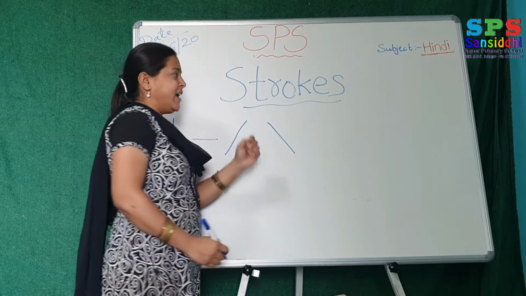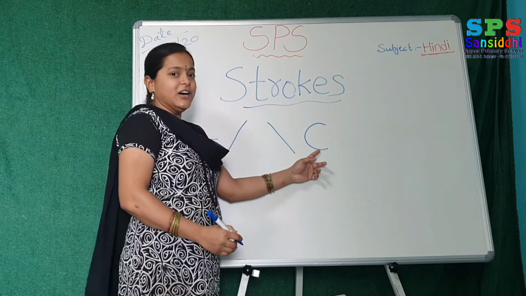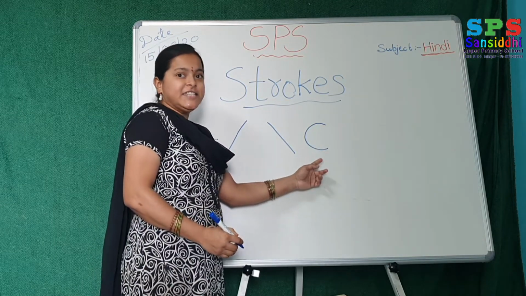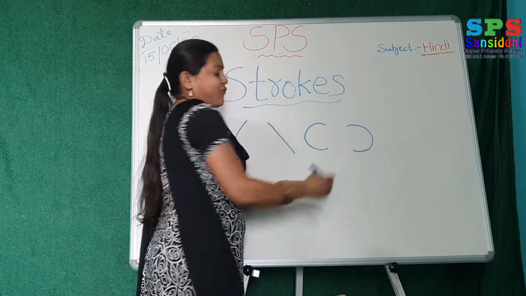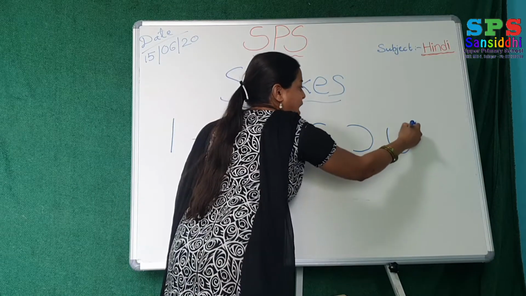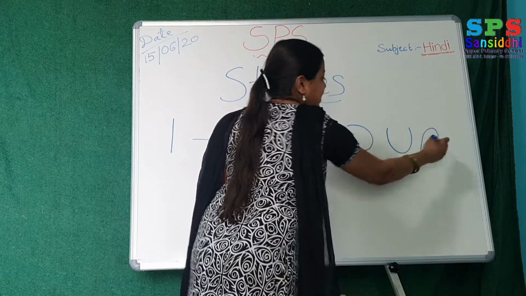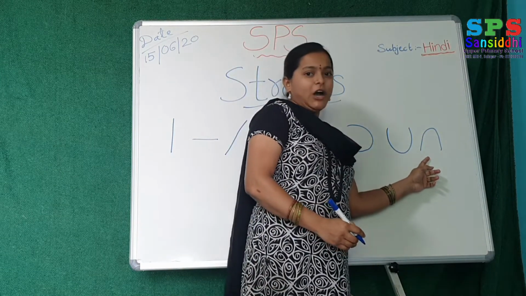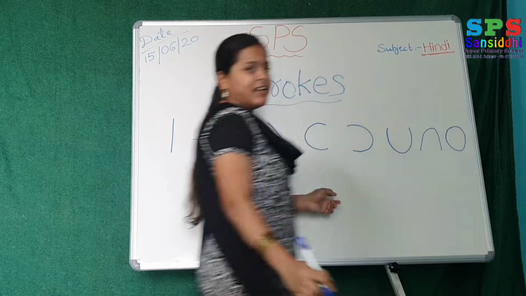Left slanting line. This is right curve. We call it as a C. And left curve. After that, up curve. And then next, this is called down curve. And this one is circle.